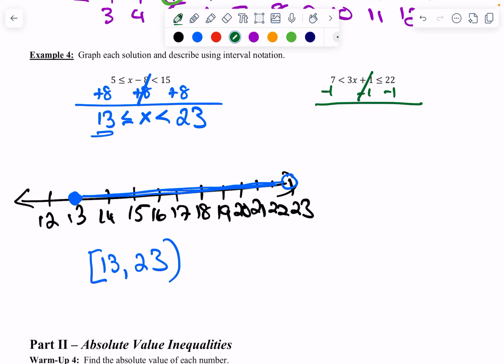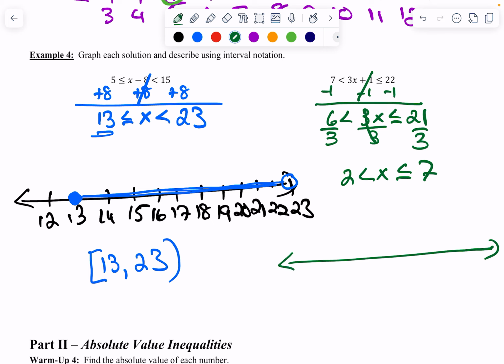So 7 minus 1 is 6, is less than 3x, is less than or equal to 21. Now we have that 3 as a coefficient, so 3 times x. We again do the opposite to move the 3, so divide all 3 parts by the 3. So 6 divided by 3 is 2, is less than x, is less than or equal to 7. So we isolated the x in the middle.